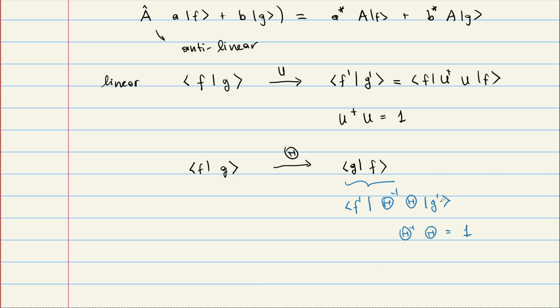But if you remember this, I think you are generally safe. I'll blame Griffiths here. We'll never operate this theta on the bra space. We'll always think about this theta, whether it's inverse or not, as always hitting the ket space. So that's one way of avoiding problems.